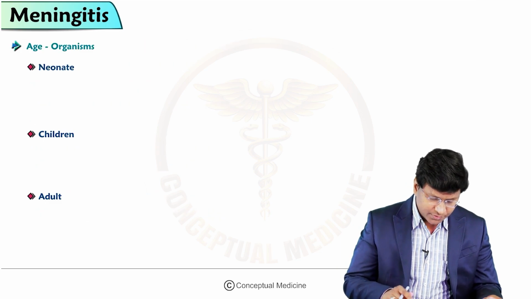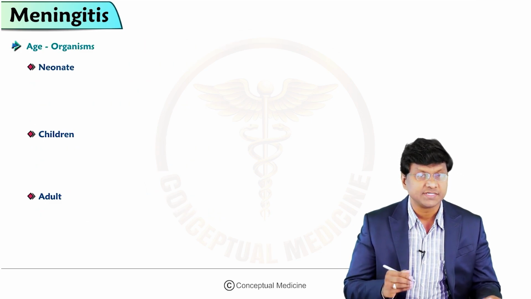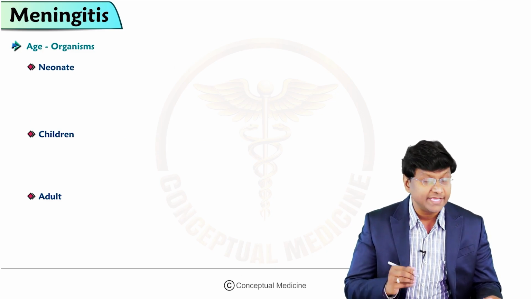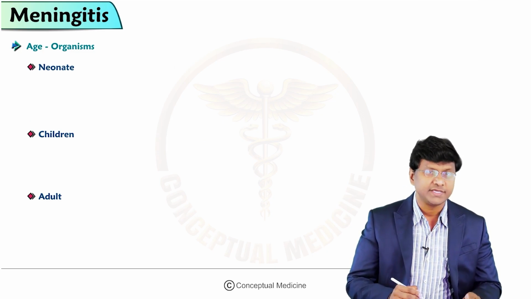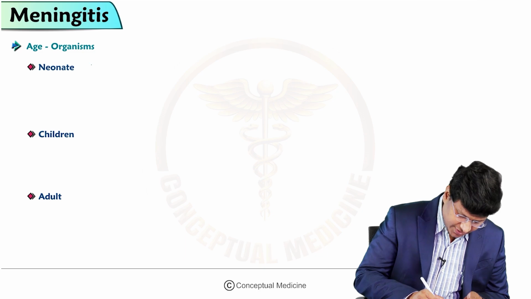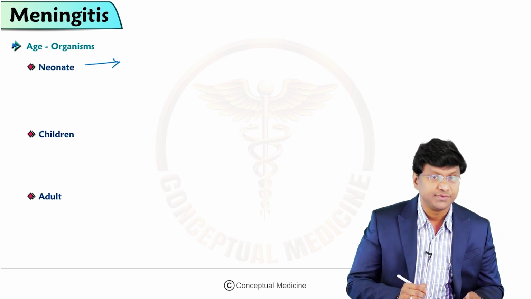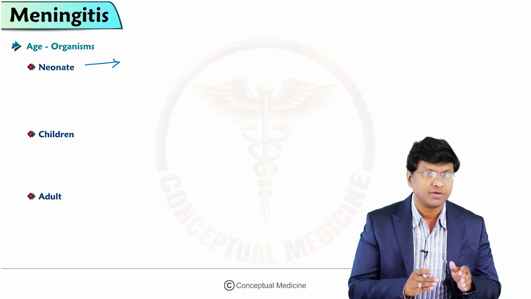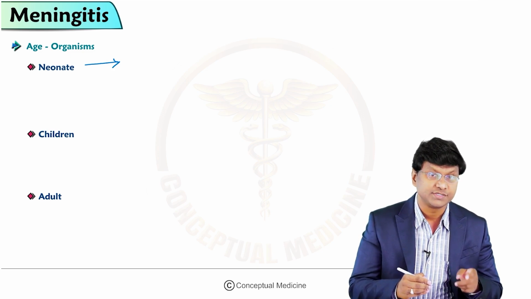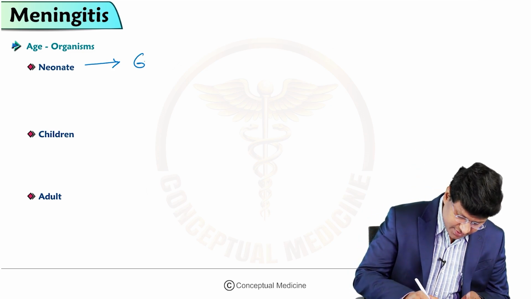Now, let me tell you the organisms causing meningitis according to the age of the individual. In case of neonates, the most common organism causing meningitis will be group B Streptococci.